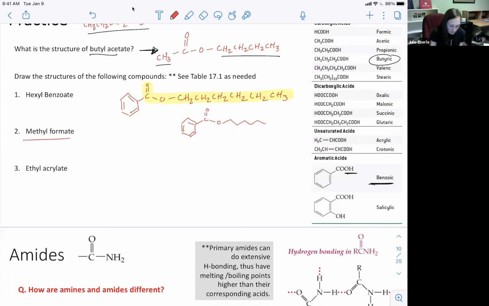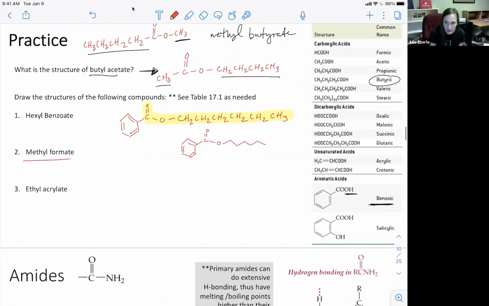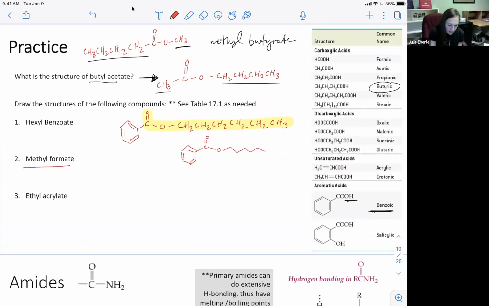Okay, methyl formate. Anybody got the structure for methyl formate? So you're looking at the common namings. Formate is the ester form of formic acid. So formic acid is actually the most simple carboxylic acid there is.